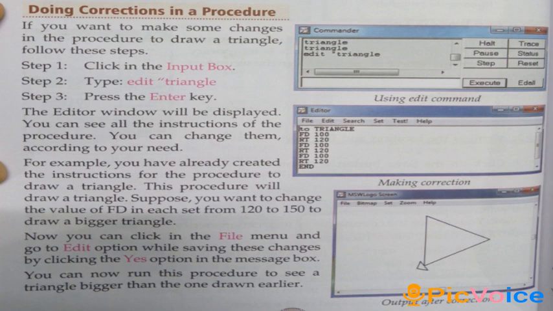Now you can click in the File menu and go to the Edit option while saving these changes by clicking the Yes option in the message box. You can now run this procedure to see a triangle bigger than the one drawn earlier.